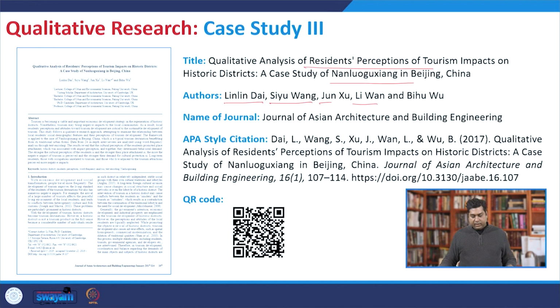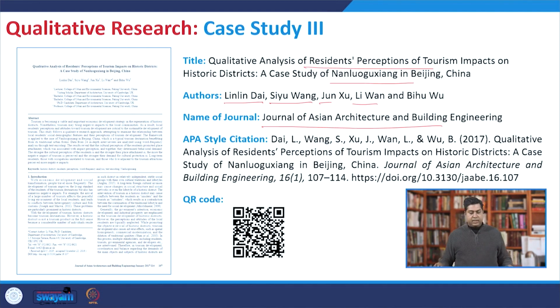This article was published in the Journal of Asian Architecture and Building Engineering, and I have given the QR code to get access to the full paper. You need to check whether it has a subscription or is open access. That way you can get access to the full paper.